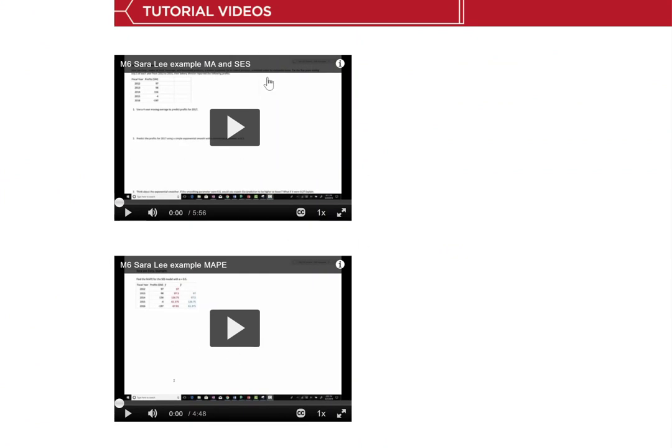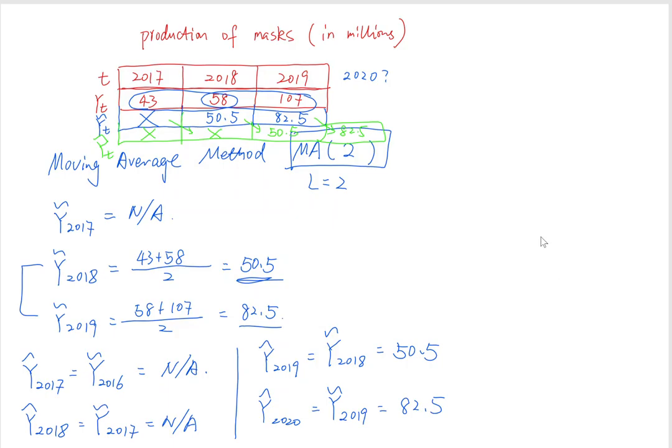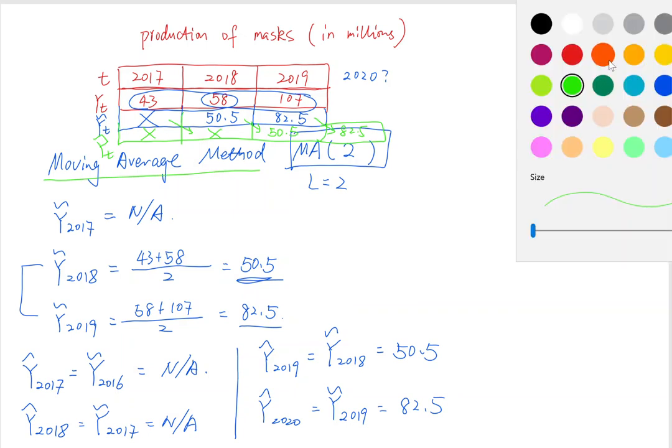The first one is for calculating the moving average method. The next one is to calculate the MAP, which compares which method is better. So this is about the simple moving average method.